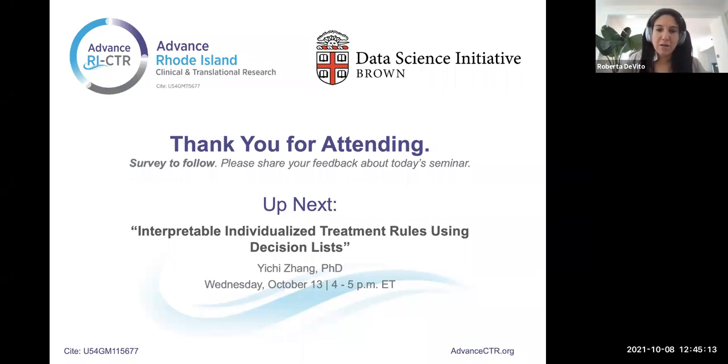But in this case, the subjects should be the same across the different groups. So it could be, for example, the same condition and maybe different variables. We are thinking also to generalize that, where you can have different variables and different individuals. And that could be also a nice direction to go.